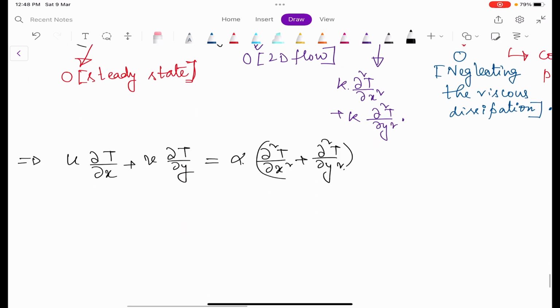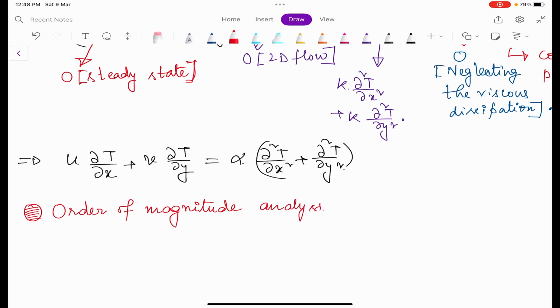Okay, so now our first approach will be what, order of magnitude analysis, or the other name is scaling analysis, right?